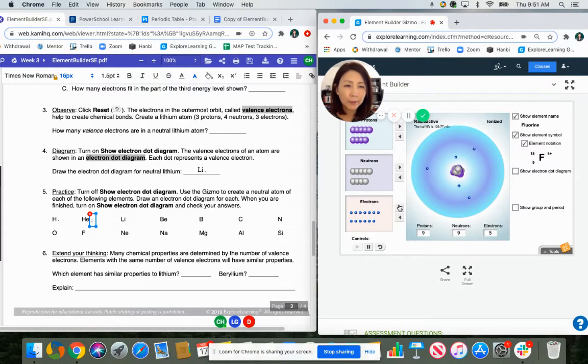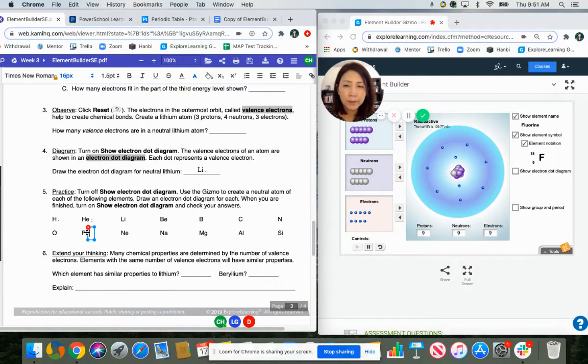The neutrons don't really matter. Okay, so 9. I can see that 2 are here, and 9 minus 2 is going to be 7. So there's 7 here.